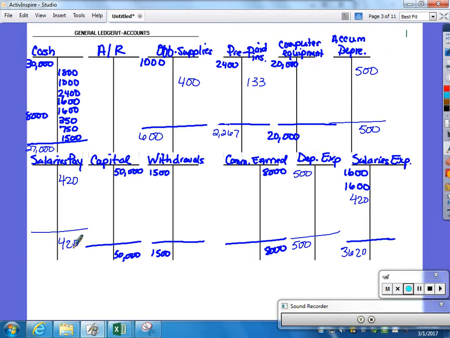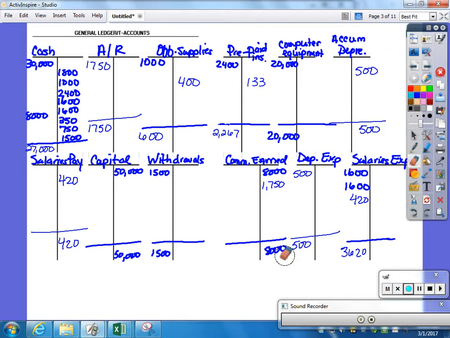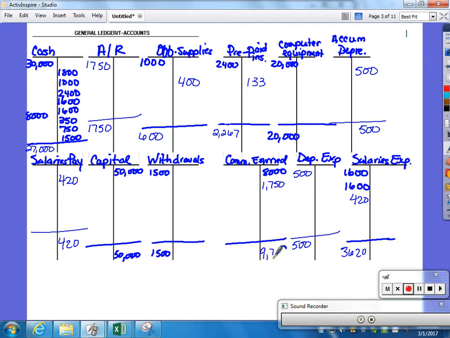Accounts receivable increases by 1,750 on the debit side, which means its new balance is 1,750. And commissions earned increases 1,750, which means its new balance is what? 9,750.